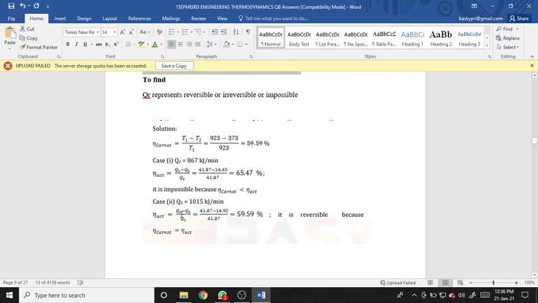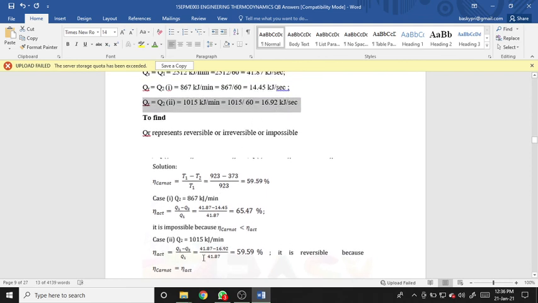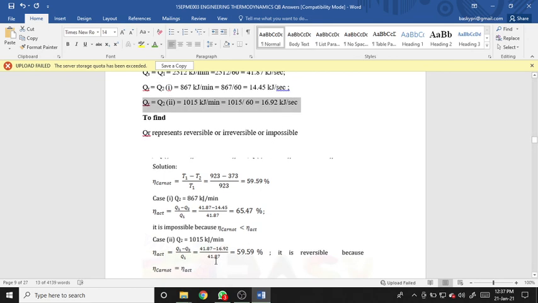Q1 is the heat supply and Q2 is the heat rejection. For case 2, the Q1 value is 41.87 and for Q2 we take the case 2 value, 16.92, divided by the Q1 value.